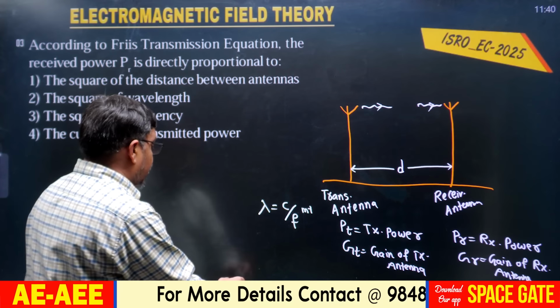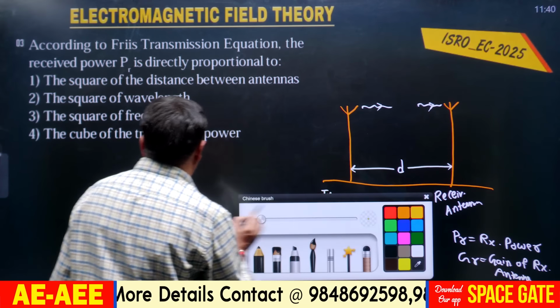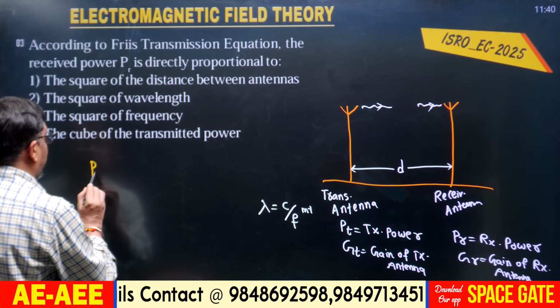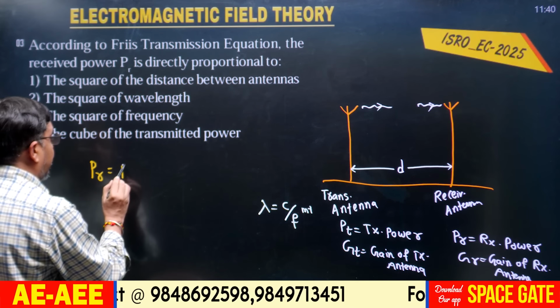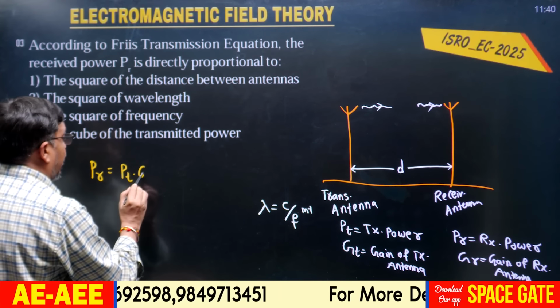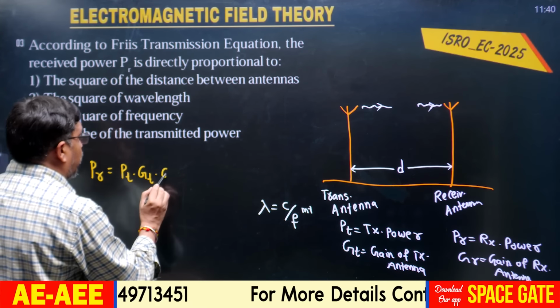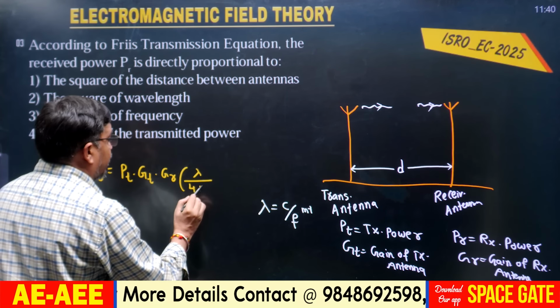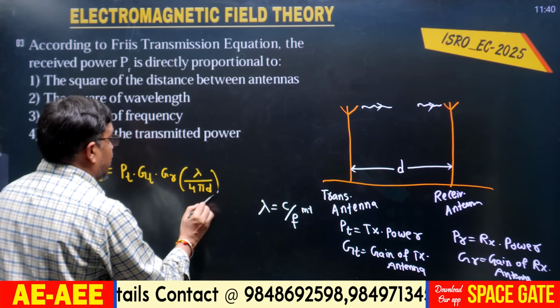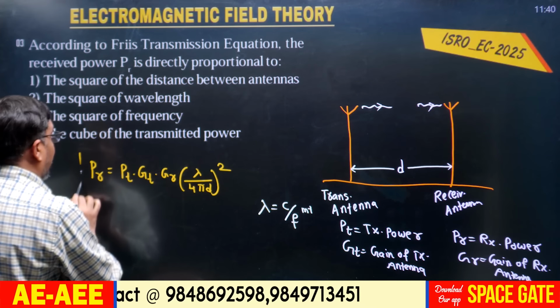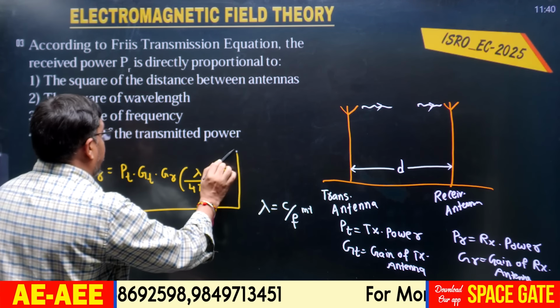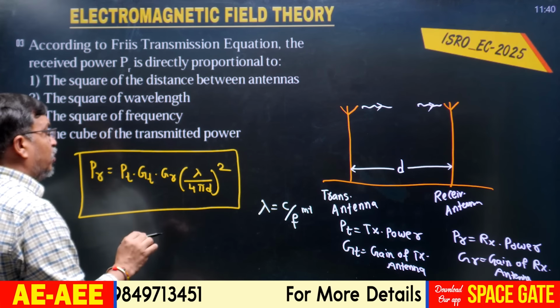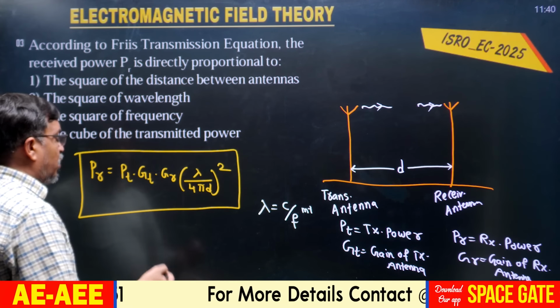According to the Friis transmission formula, PR equals PT into GT into GR into lambda by 4 pi d, whole square.